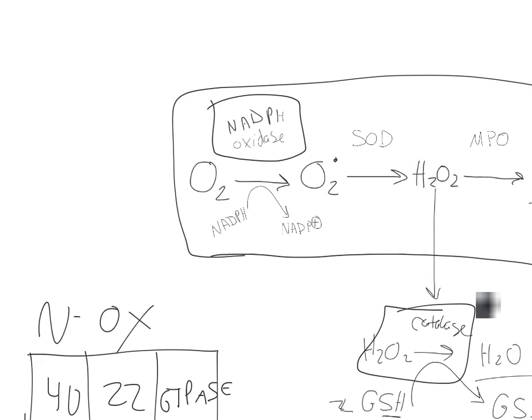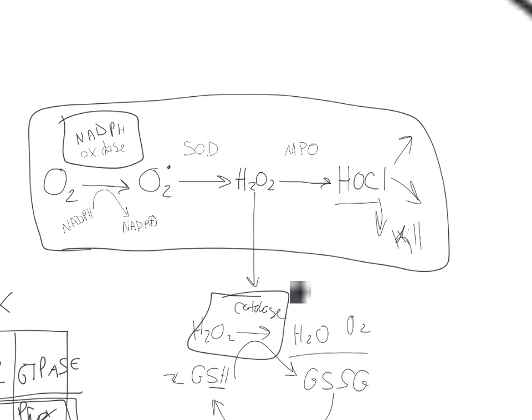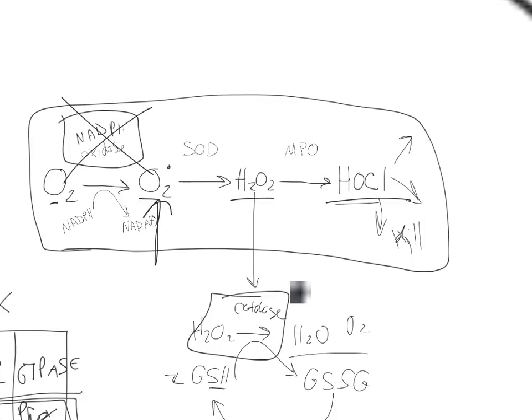This defect prevents us from forming superoxide. So oxygen, superoxide, peroxide, bleach. And what does that cause? That causes us to have a defect in killing for all catalase-positive bacteria.